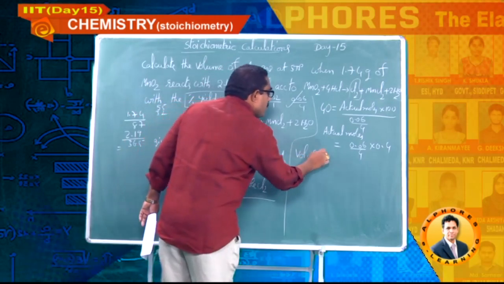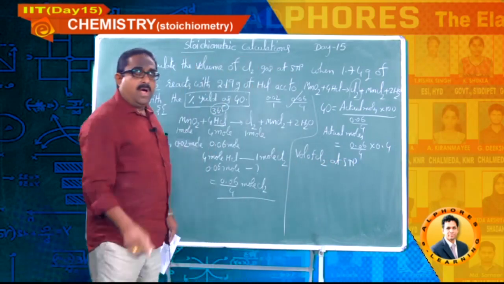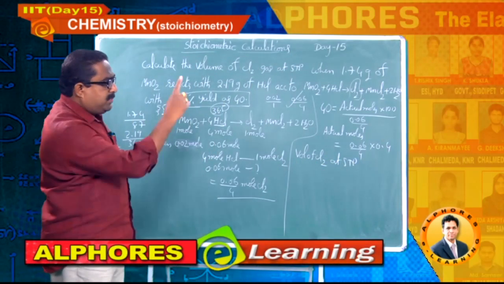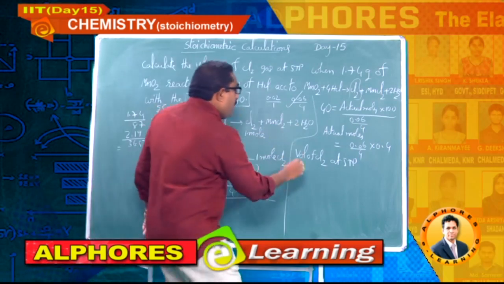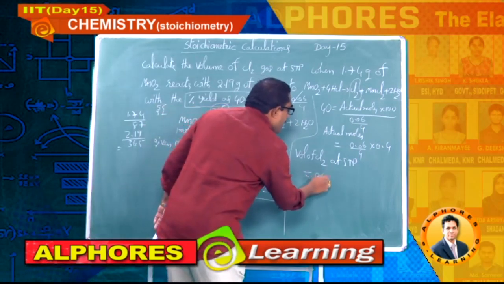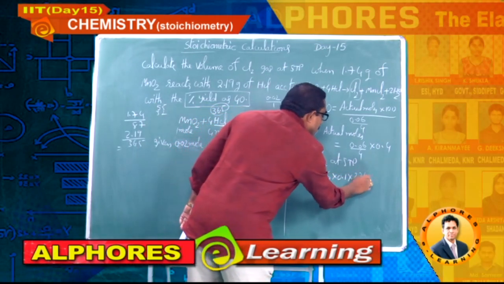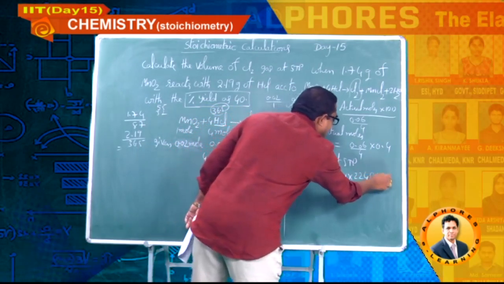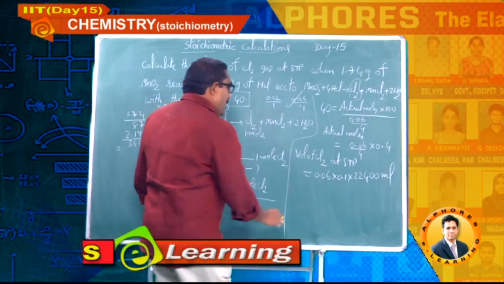volume of chlorine at STP, we know 1 mole of any gas at STP occupy 22.4 liters. Now I am going to calculate 0.06 into 0.1 into 22,400 ml at STP. Okay.